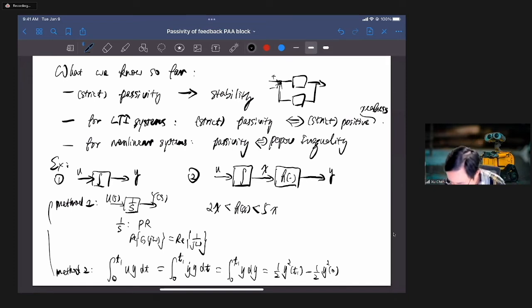And then this is going to be larger than or equal to minus 1/2 of y0 squared. So lower bounded by some negative number, for sure, that depends only on the initial condition. So therefore, this is a passive block.